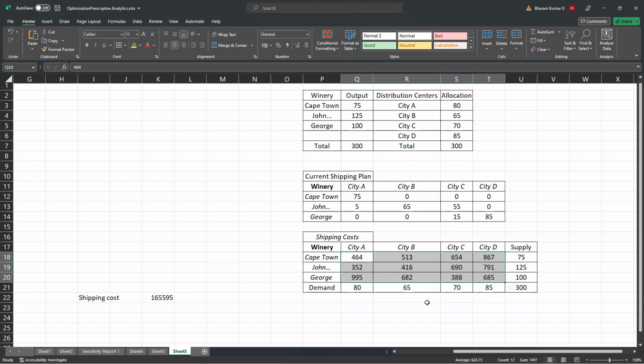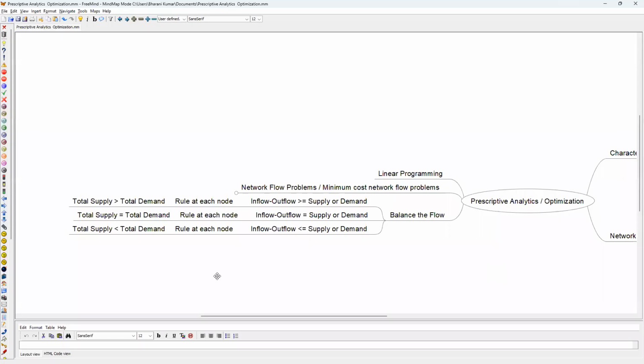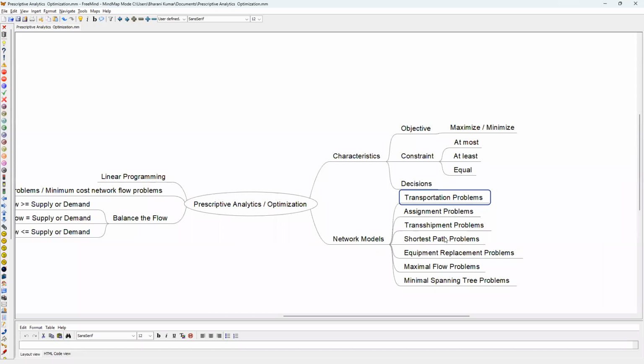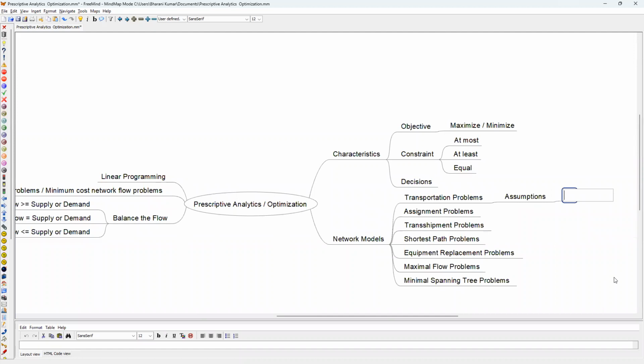And these transportation problems have certain assumptions. What are those assumptions? Each source has a fixed supply of units.